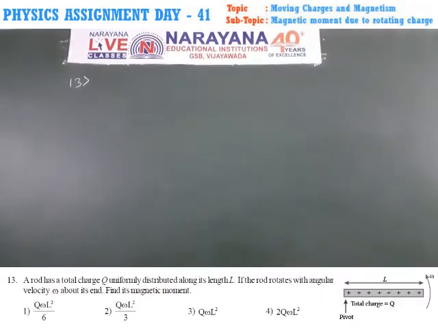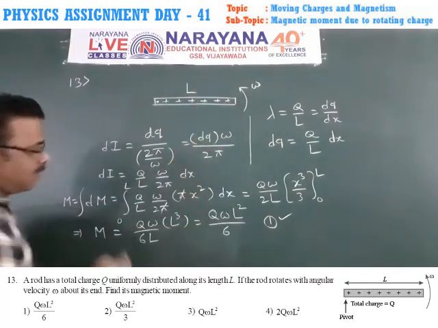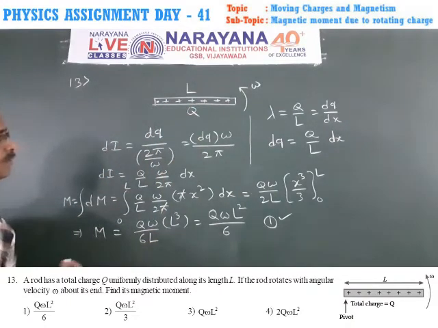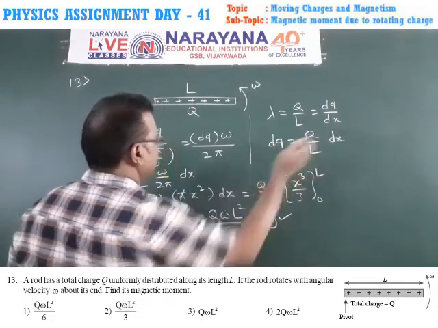Question number 13. A rod has a total charge Q uniformly distributed along its length L. If the rod rotates with angular velocity omega about its end, find its magnetic moment. This is the uniform rod containing the charge capital Q. Lambda equal to q by L, that equal to dq by dx, dq equal to q by L dx.